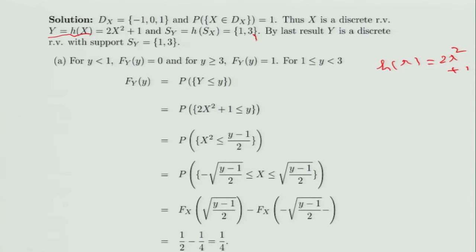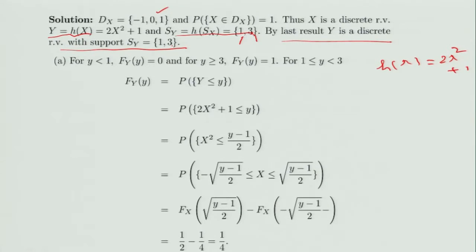So 3 is there in the support. When it is 0, it takes value 1. So 1 is in the support. When X takes value 1, Y takes value 3. So 3 is also there. So that means my support of Y is just 1 and 3. So by the last result, Y is a discrete random variable with support Sy as {1, 3}.